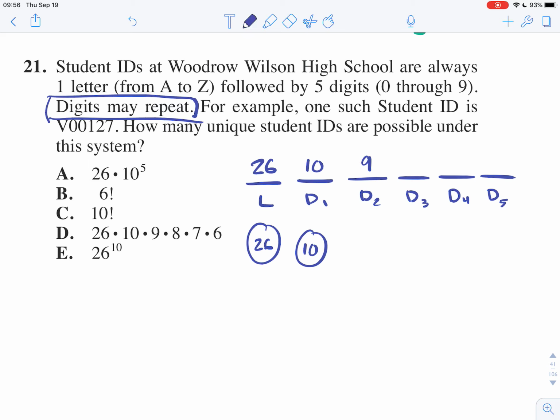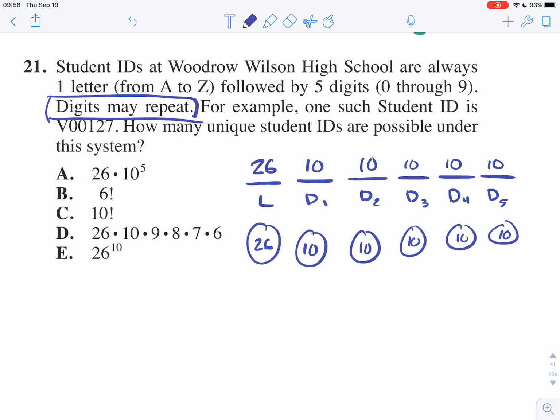So for digit 2, we still have 10 choices because our digits can repeat. And that's the same for each of these digits. There are 10 choices for each of them, and they're not being reduced each time because the digits can repeat.